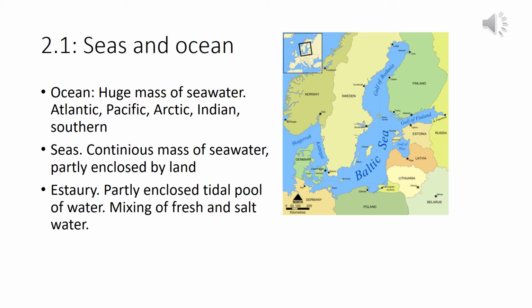And then we have estuaries, which are partly enclosed tidal pools of water, which means that there is an interaction here between the fresh water from land and the salt water from the ocean. So for example, in Denmark we have seas around us, but we also have estuaries, in many places in our fjords and so on, where the mixing between the salt water and the fresh water has a huge impact on what ecosystems will live there.